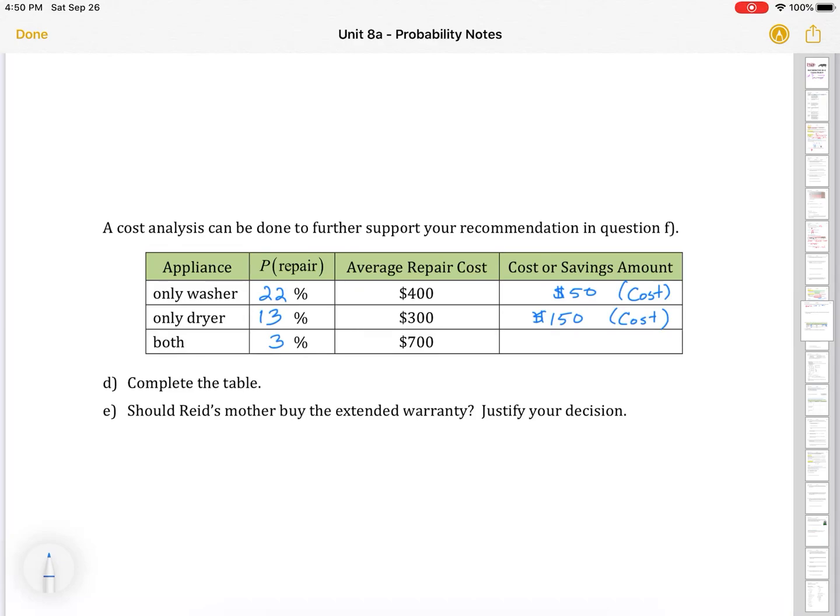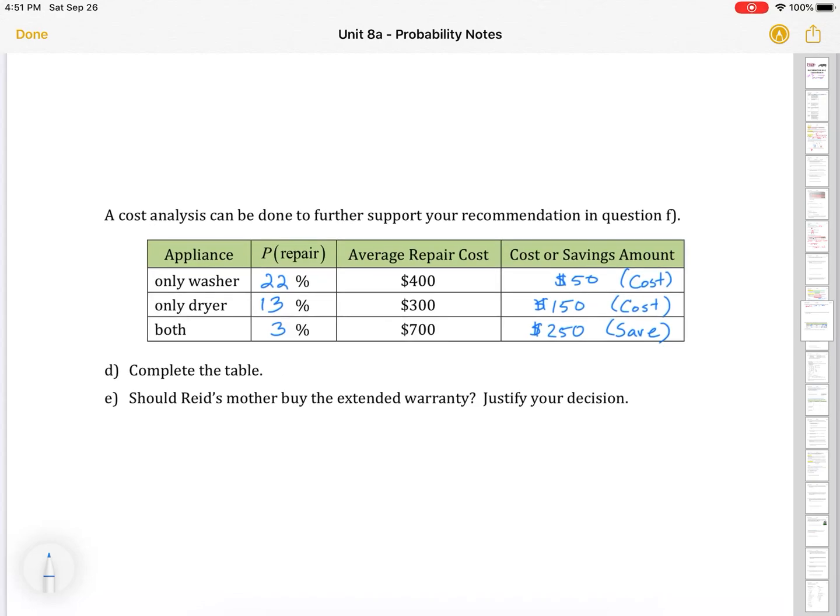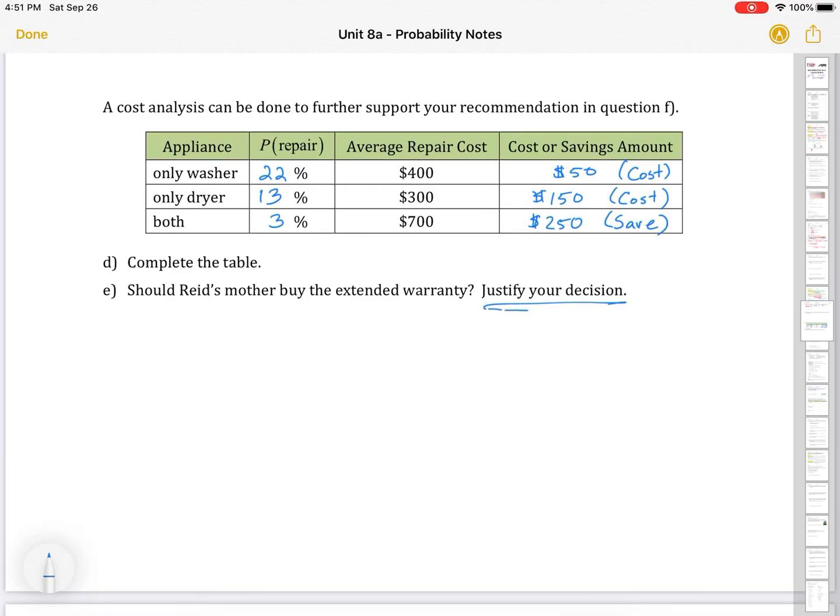Here, this would cost $150. That would be a cost. However, if both broke, 750 minus 700 minus the 450, you would save $250. So it's really hedging your bets, playing your odds, and then justifying your decision.